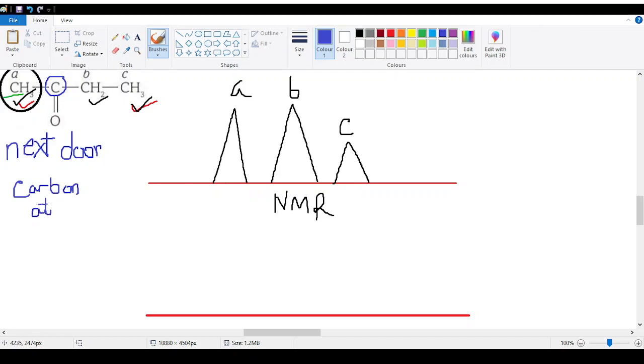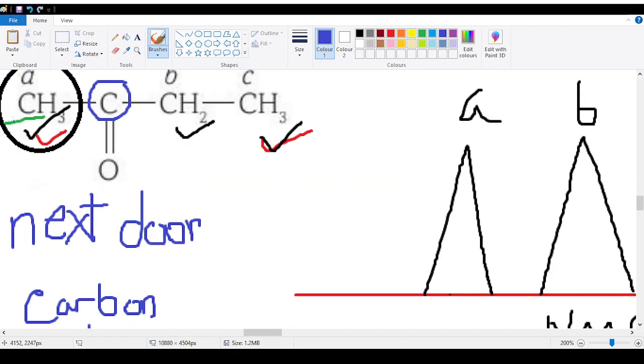Now tell me, this next door carbon atom, how many hydrogens does it have? Like you mean the carbon, the blue one?